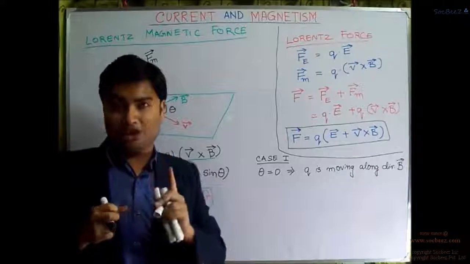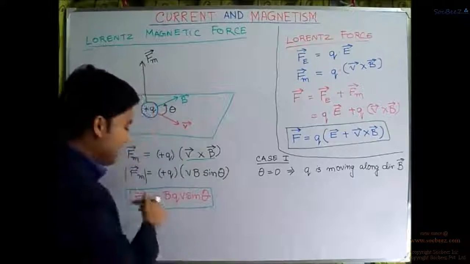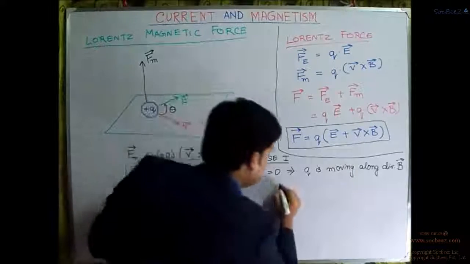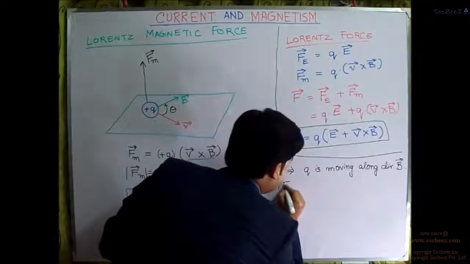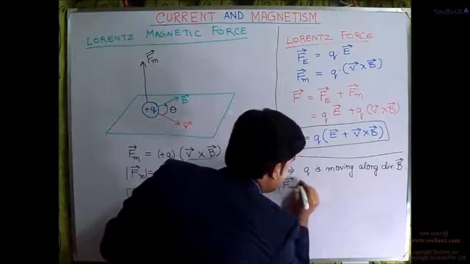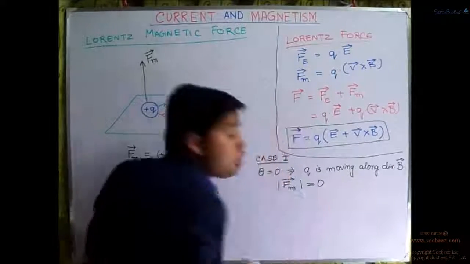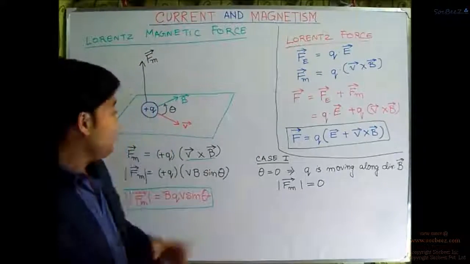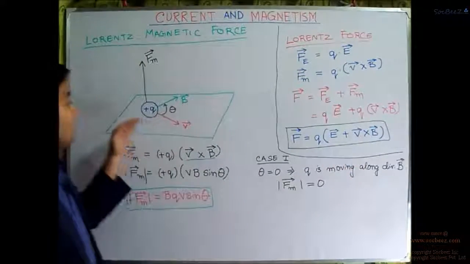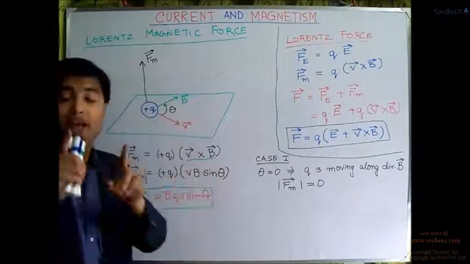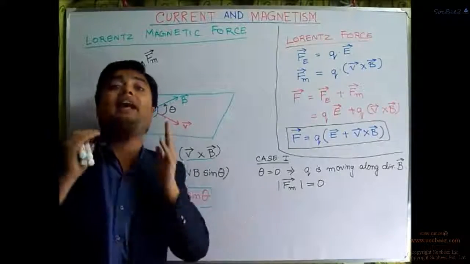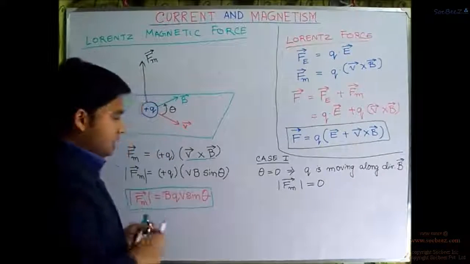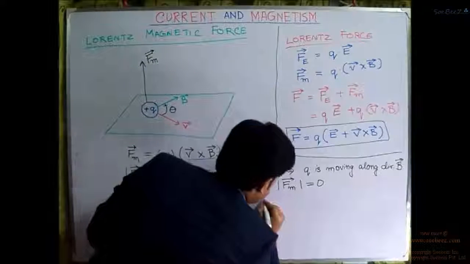The value of sine 0 is simply 0, so the entire expression comes out to be 0. So the Lorentz magnetic force in this scenario is 0, which means that if Q is moving along the direction of B, it will not experience any kind of force.